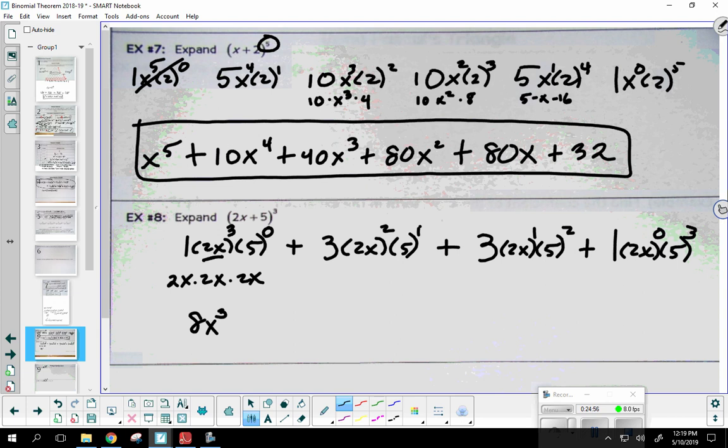Because the first term is a product, we're going to be raising the power to the whole thing. So 2 cubed and x cubed. What would quantity 2x squared be? That'd be 3 times 4x squared, but then we also have that 5 there. So that would be 60x squared.